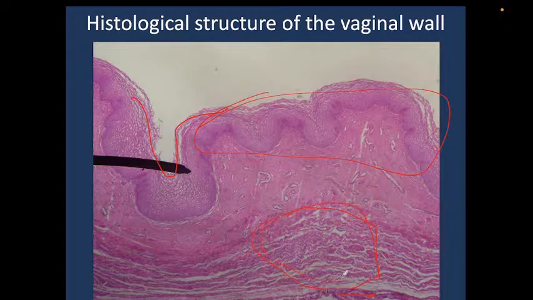Here only smooth muscle cells are located in the vagina.